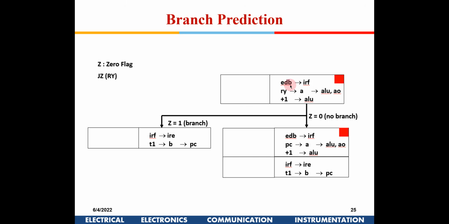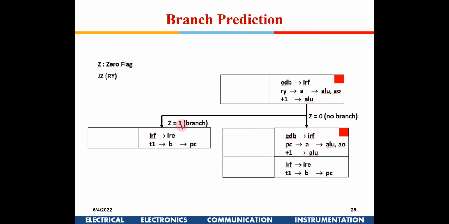In parallel, since the probability of a jump to RY is very high, I am going to place the contents of RY into the address out buffer, and also I am placing it into the ALU, so that after this the next will be RY plus 1, right? So I am doing that out here.